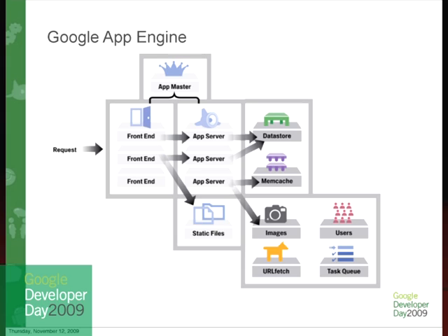We have the data store, the memcache, but also many of the APIs, like URL fetch, which gets a web page from another site and pulls it in, or image manipulation that can take an image and put it into a thumbnail or rotate it or flip it. Now, if you look at this architecture, just remember that in your head. So we have front-end servers, app servers, and lots of specialized systems.